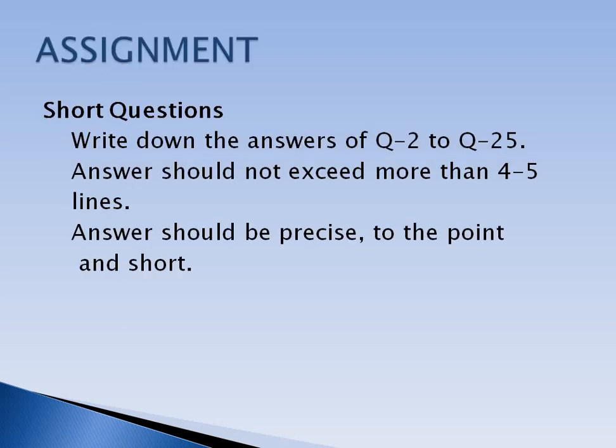Your assignment is that there are short questions in the exercise from question number 2 to 25. You have to write down the answers of these questions. The answers should not exceed more than 4 or 5 lines, and the answers should be to the point, precise, and short. And these types of answers usually are the part of section B of your paper.